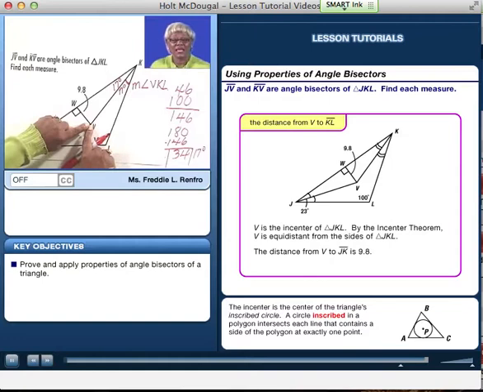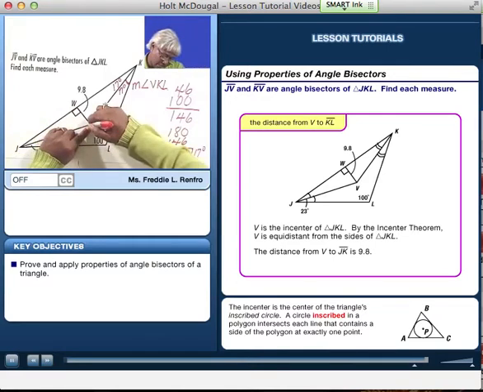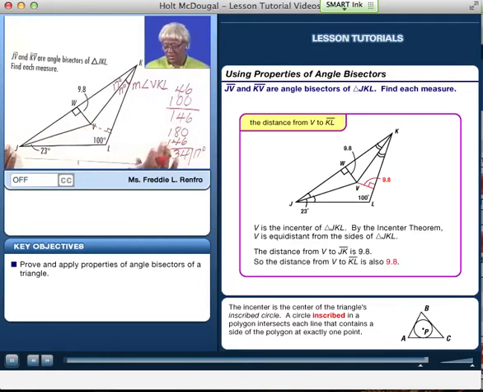Therefore, V has to be the same distance from this side, which is line segment LK. So if this is 9.8, I'm going to sketch it perpendicular, this distance would also be 9.8.